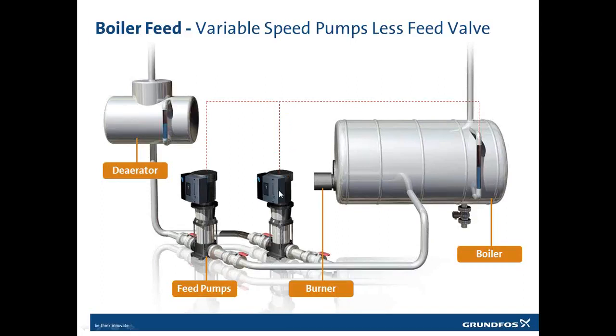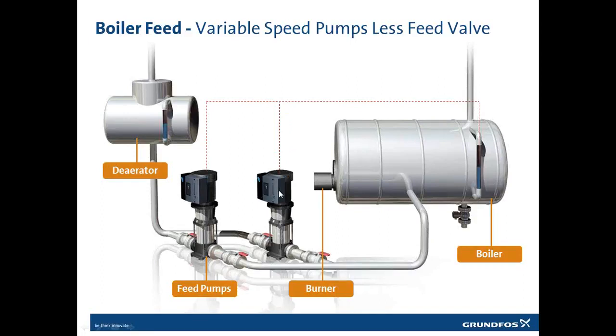And again, when the level sensor senses that the boiler calls for water, then the pumps will start up exactly like we do if we have a low flow stop function in other applications where we use the frequency converter.